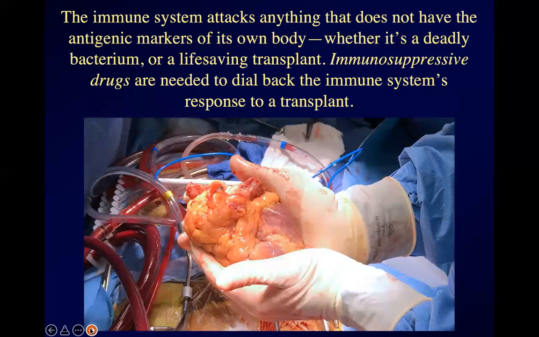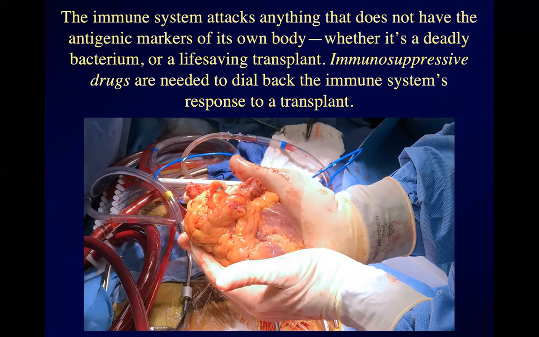And then finally, the immune system is brilliant in some respects and very dumb in others because it will attack anything that is not part of its own body. The immune system will attack deadly bacteria. It will also attack life-saving transplants, like this human heart that's being transplanted in this picture.